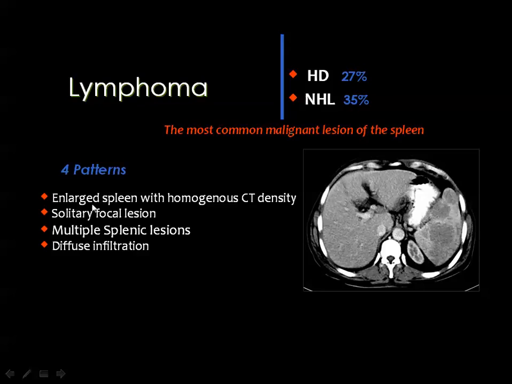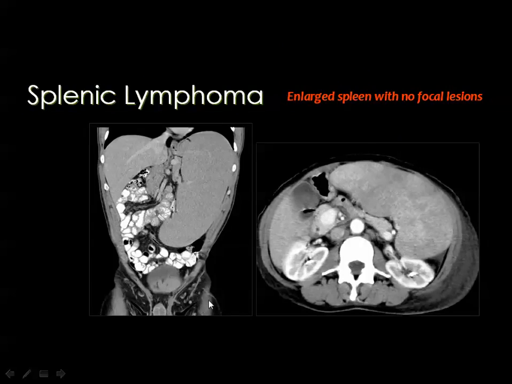Number one is enlargement of the spleen with homogeneous CT density, no focal lesions, solitary focal lesion, multiple splenic focal lesions, and diffuse infiltration. And here is a good example of splenic lymphoma, multiple solid lesions infiltrating the splenic parenchyma.